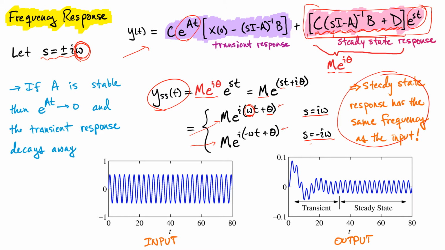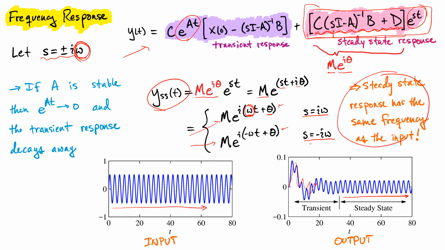Pictorially, what that means is that we inject a sinusoidal signal with some frequency. After some amount of transients, you get down to the steady state behavior, where you have this pure oscillation. And the key thing is that the frequency of this oscillation is the same as the input.